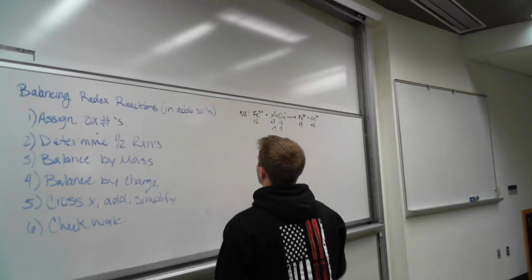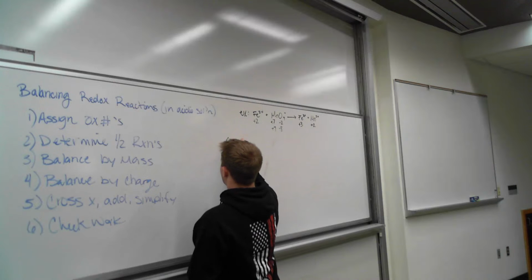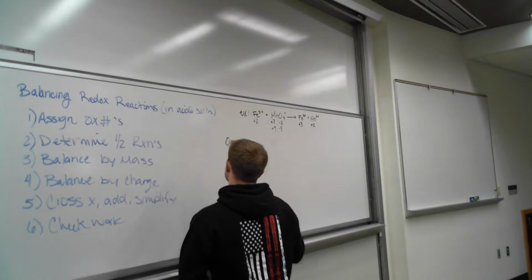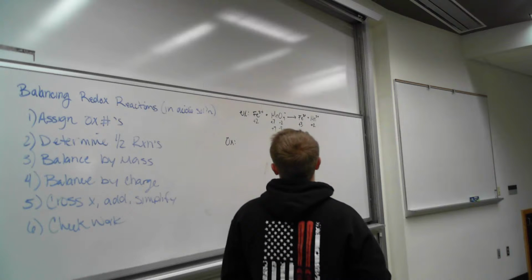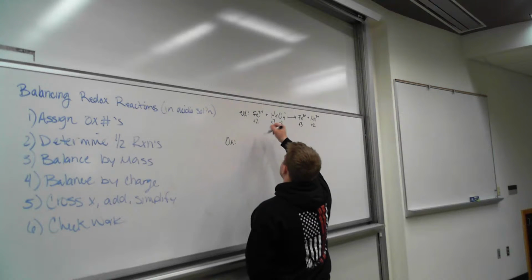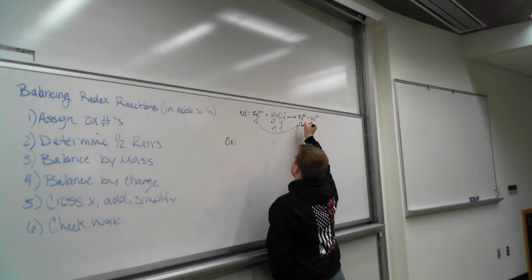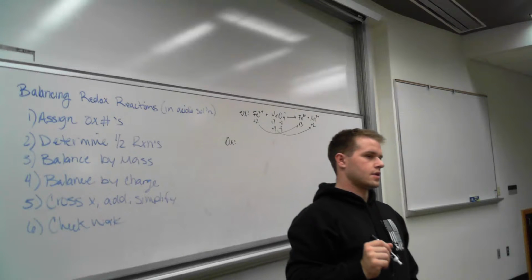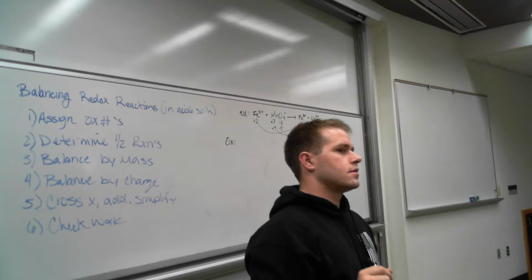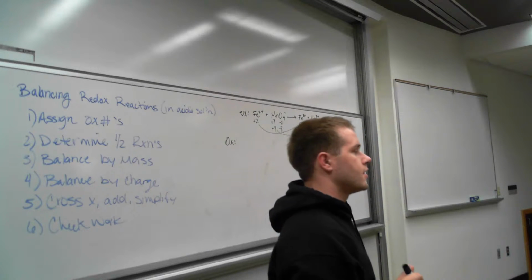Next, we determine our half reactions. So what is our oxidation half reaction? Well, our iron went from +2 to +3, and our manganese went from +7 to +2. So which of those was oxidized? The iron, right?